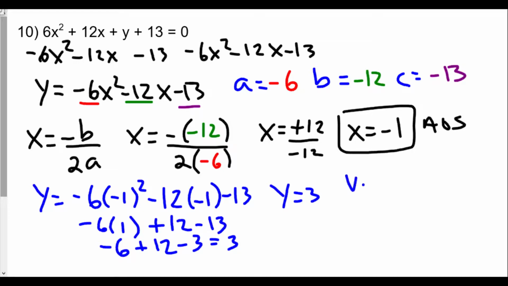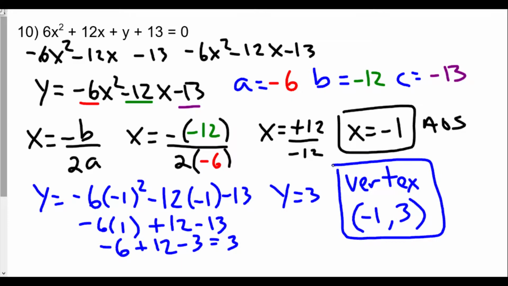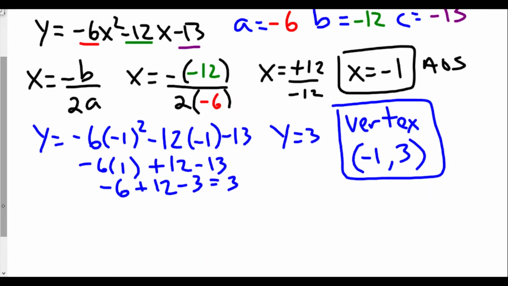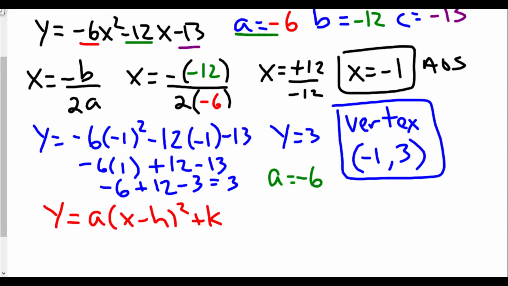Now, for our vertex, we're going to take the x value from the axis of symmetry, which is negative 1, and the y value we found after we plugged in the axis of symmetry, and this is the vertex we're going to use. Our next step is to use our formula for the vertex form, y equals a times x minus h squared plus k. We know our a value is negative 6 from before.